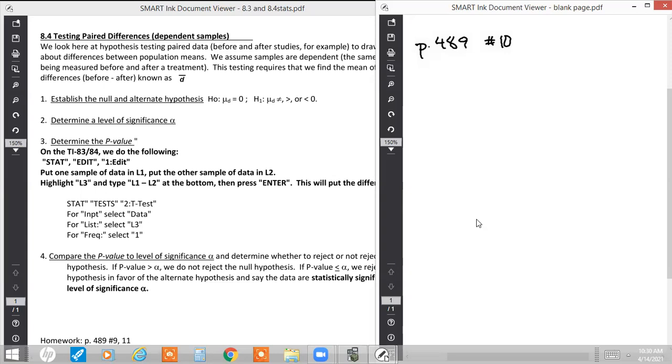And then use a 1% level of significance to test to see if there's a difference either way in the population mean hours per fish caught using a boat compared with fishing from the shore. So give me just a little time here.